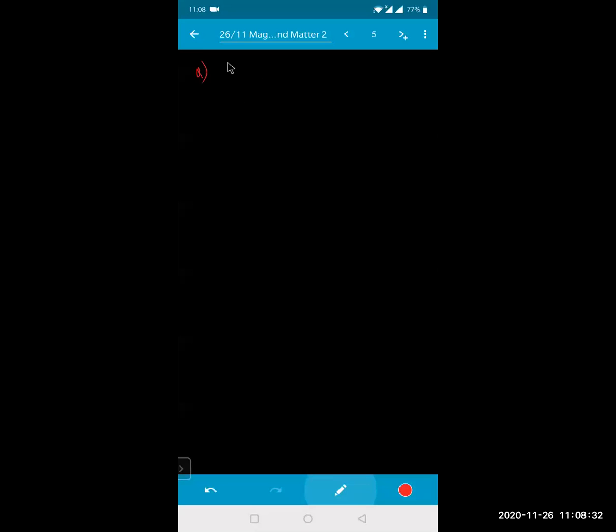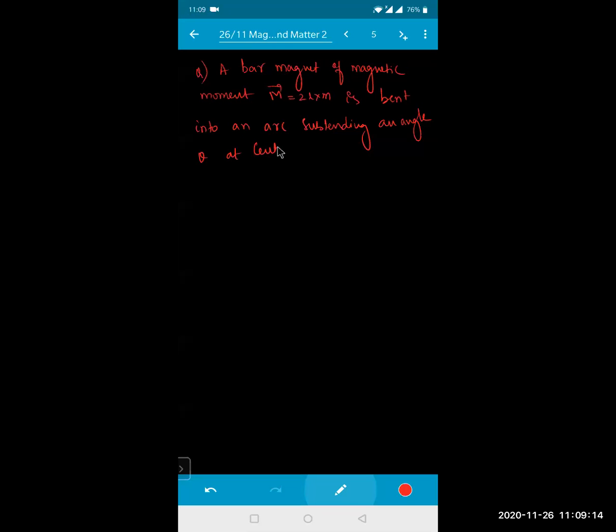A question: a bar magnet of magnetic moment M bar equal to 2l into m is bent into an arc subtending an angle theta at the center of the circle.